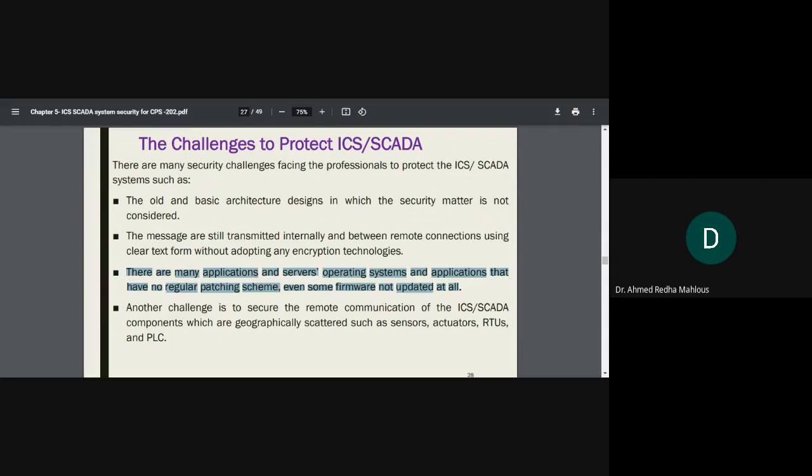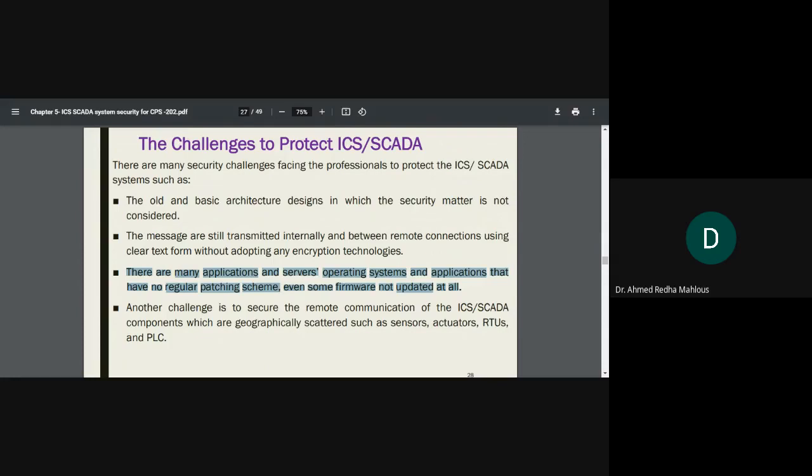This is a challenge. And the same thing as we mentioned related to the old devices: maybe those old operating systems running on old devices cannot be updated with new patches that will defend against the new attacks and new viruses.